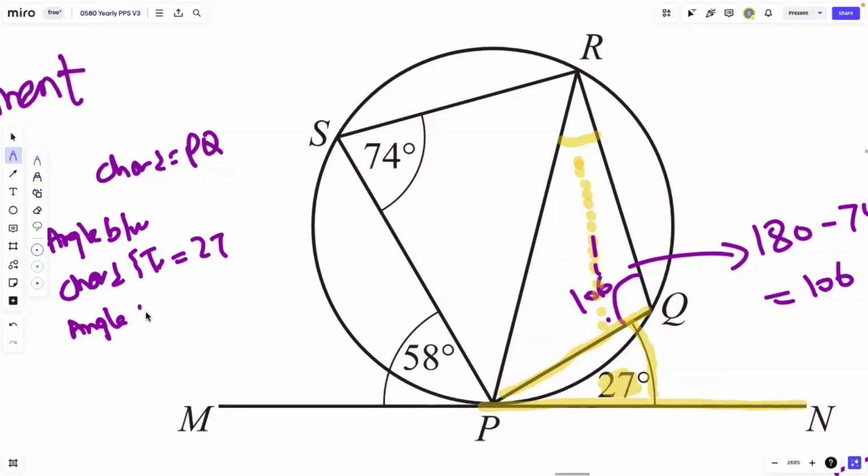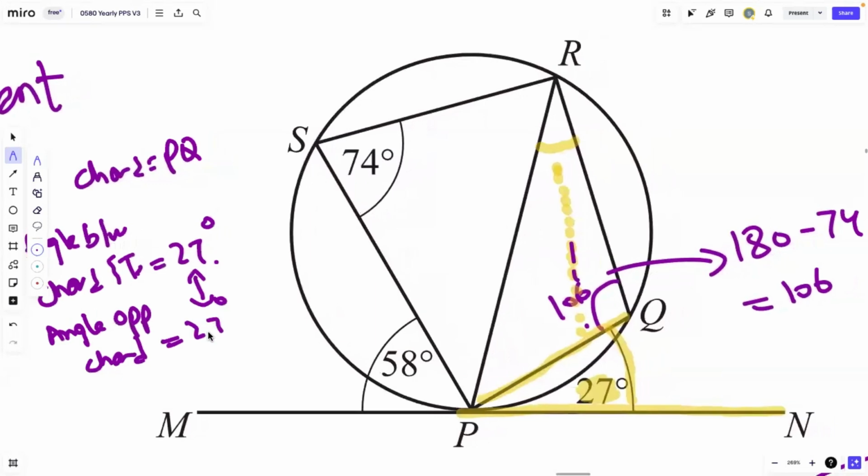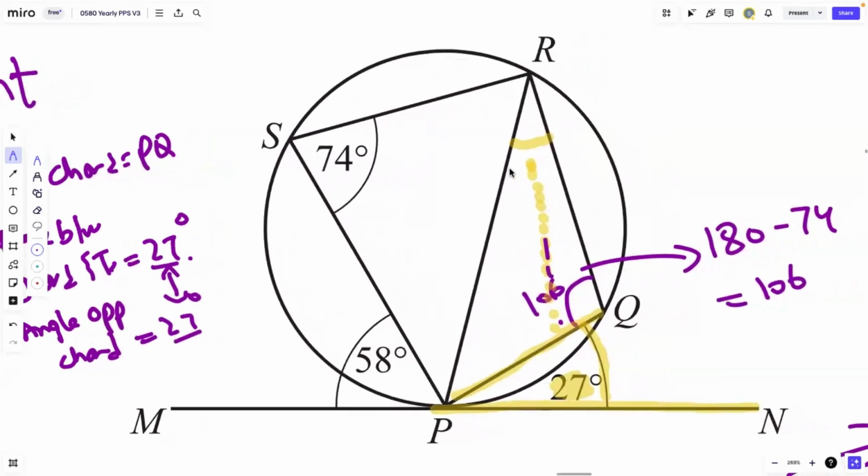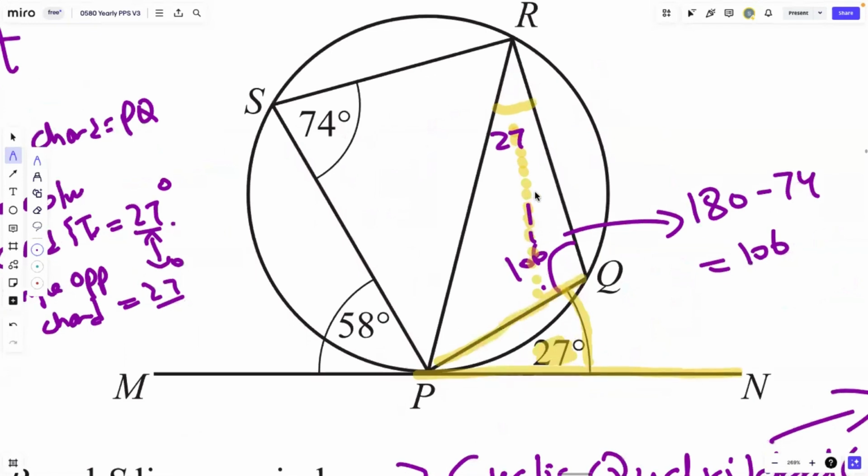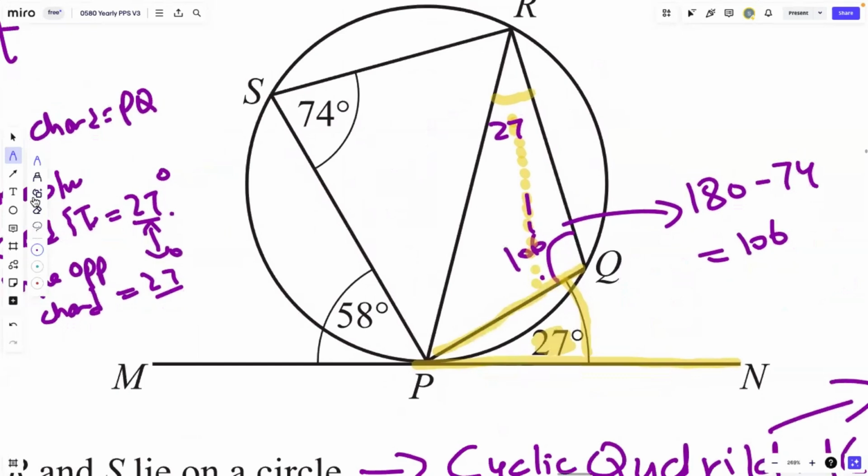The angle opposite the chord is also 27. Those are the two angles that are the same. So this is going to be straightforward 27 using the property we just learned, the angle opposite to that.